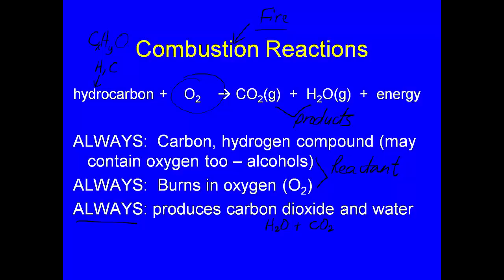So look at what you have on your sheet. What do I have? C2H6 plus oxygen produces CO2 and H2O. These are easier to identify. They're kind of a pain in the behind sometimes to balance. But look, it's always this out.